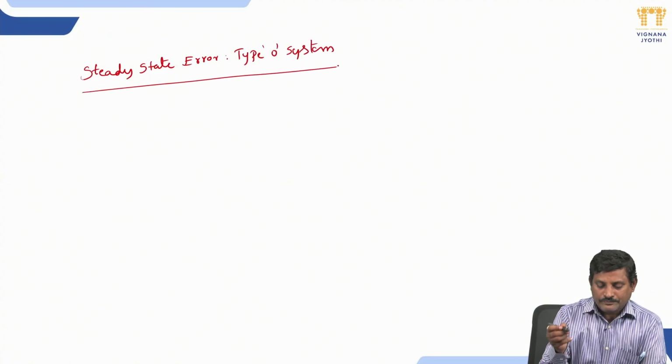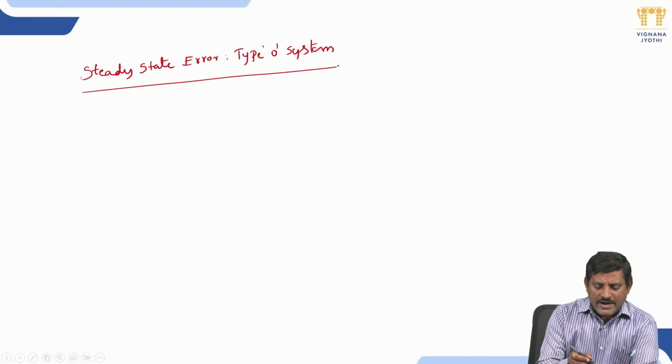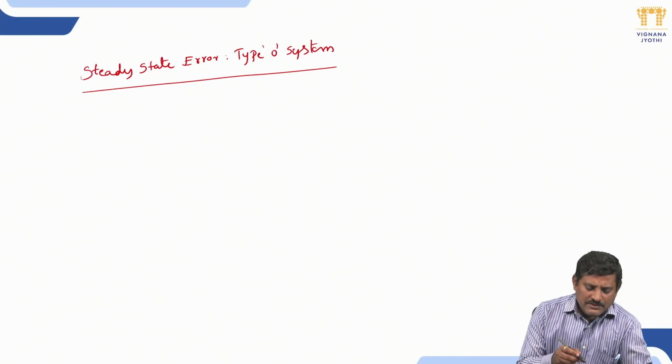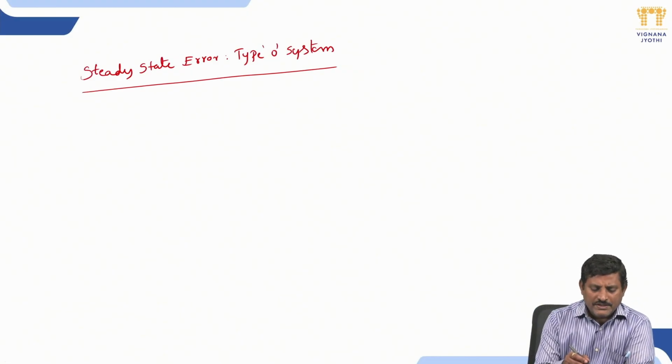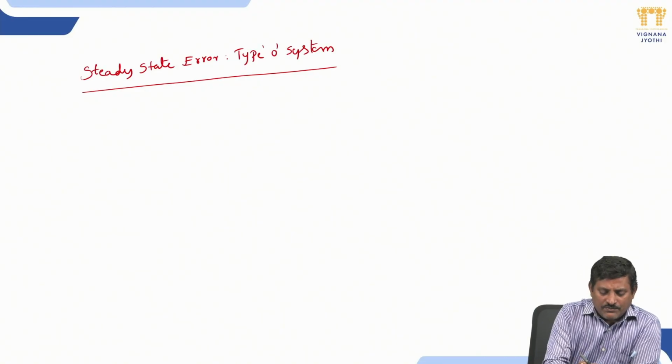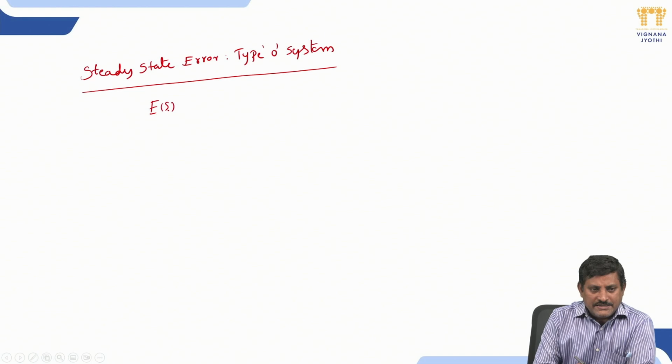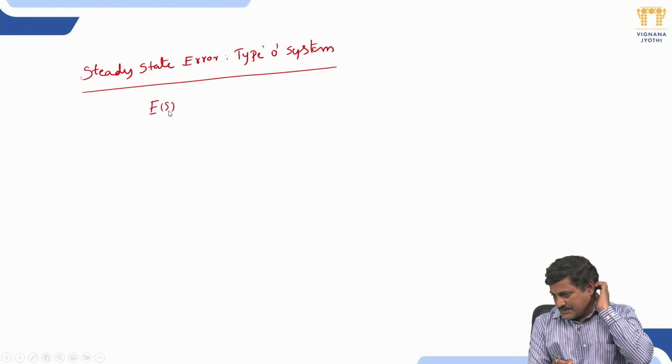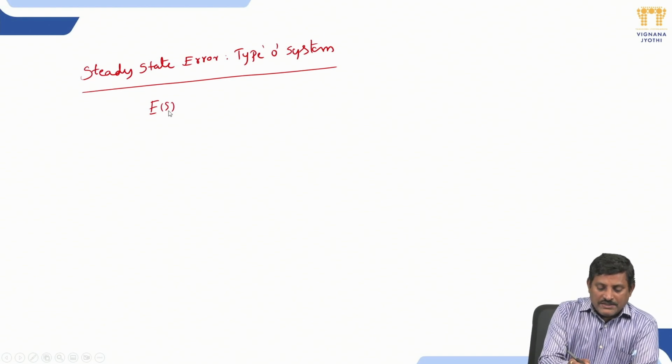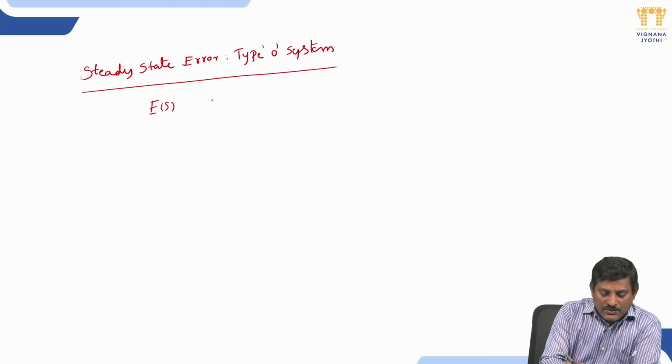To find the steady state error of a system, we use the final value theorem. Suppose E of s is the steady state error signal. We want to find the steady state error value using the final value theorem.